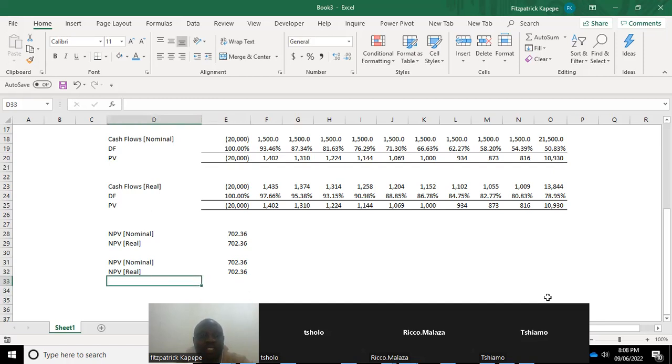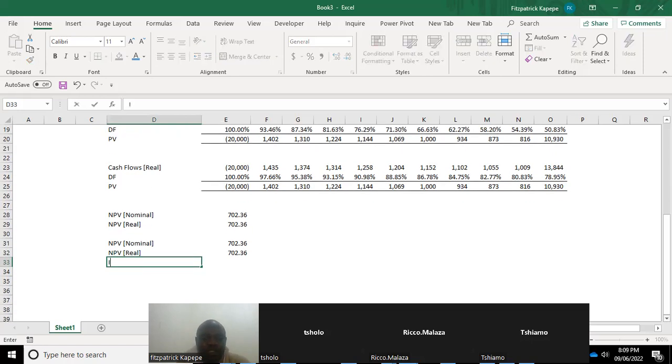So you have been requested to compute your internal rate of return, IRR. You know, IRR is just a break-even point, basically a point at which your NPV will be 0.